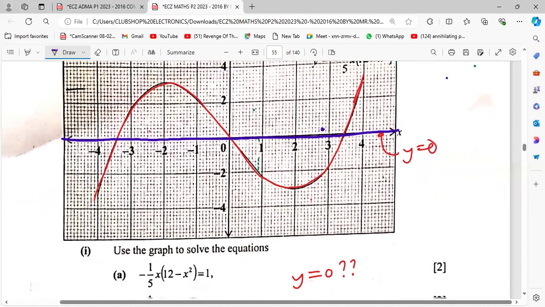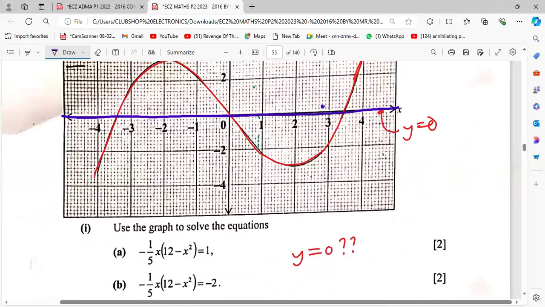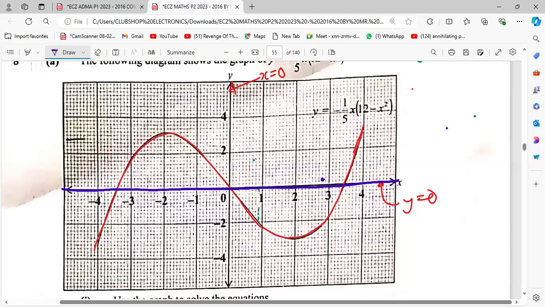Then we also have the other two conditions, x is equal to -3 and x is equal to -1.